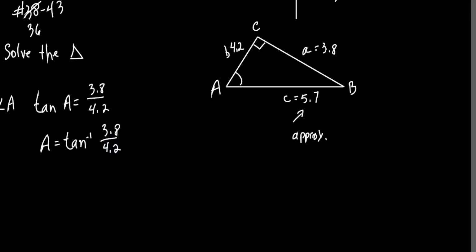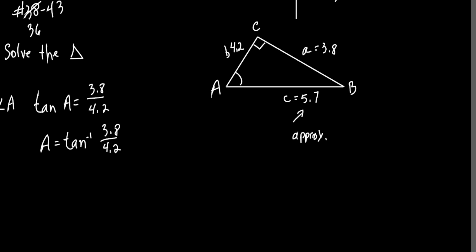How do you do that on a calculator? We got time just to do this one. So we hit inverse tangent. Second function tangent, 3.8 divided by 4.2. Close that, and there you go. What do they say to round it to?